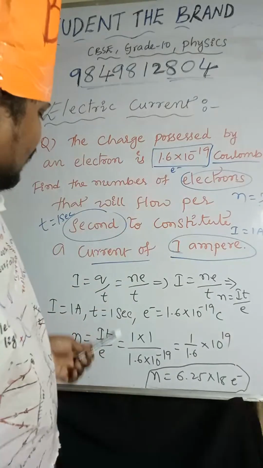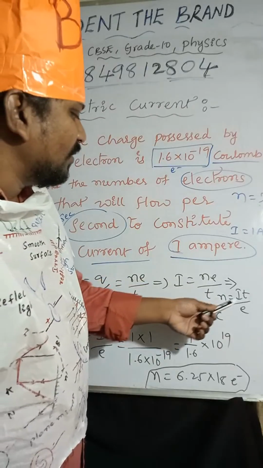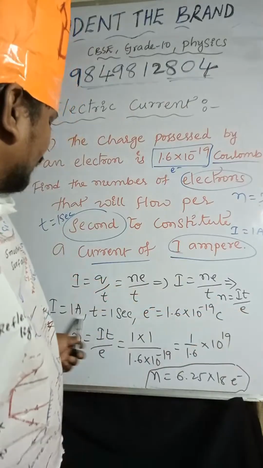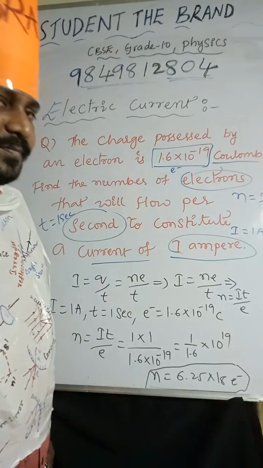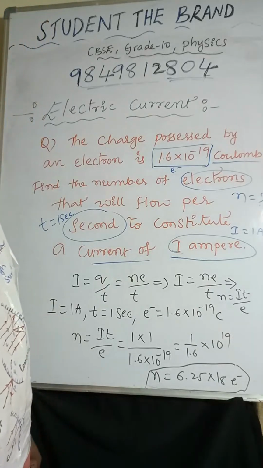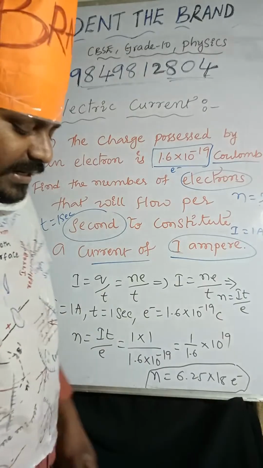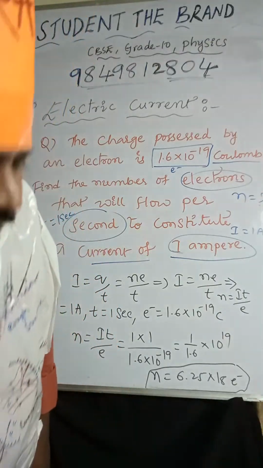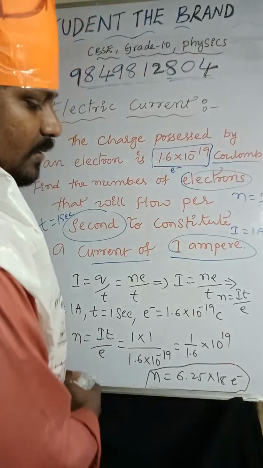Current is given, so I equal to Q by T, n e by T, and n equal to I into T by e. This is the given data; substitute the data and you'll get the answer. I hope it is very clear. If you have any doubts, you can ask. Next question, I'll explain the next question.